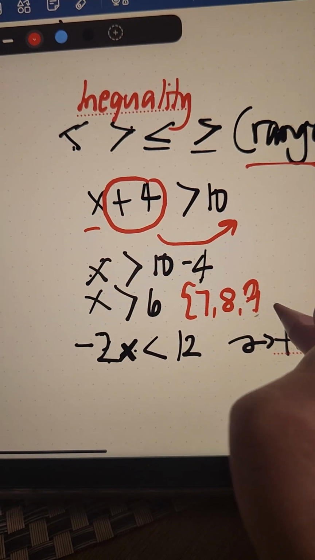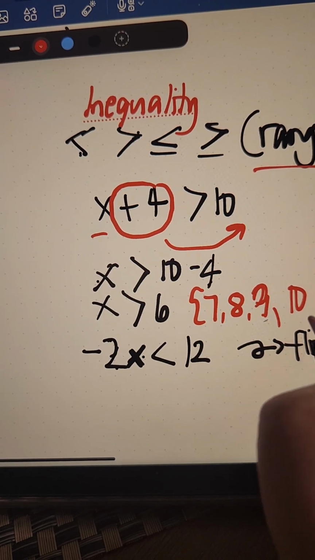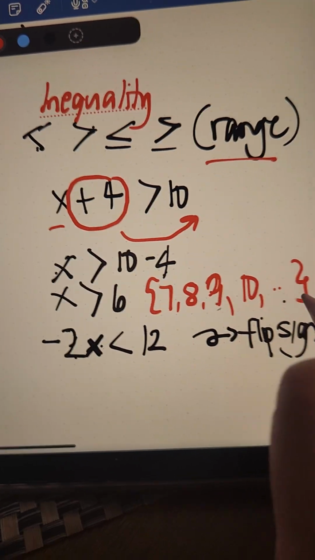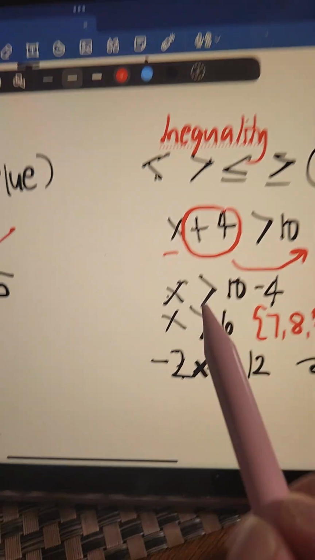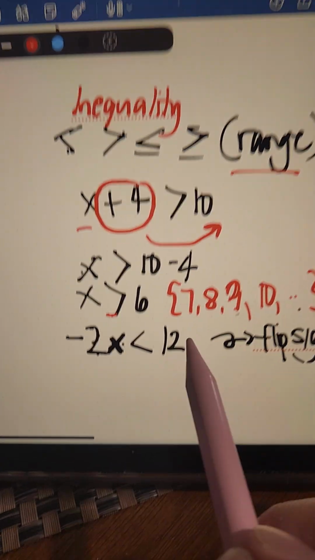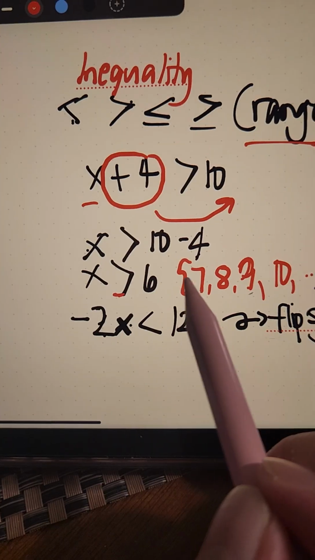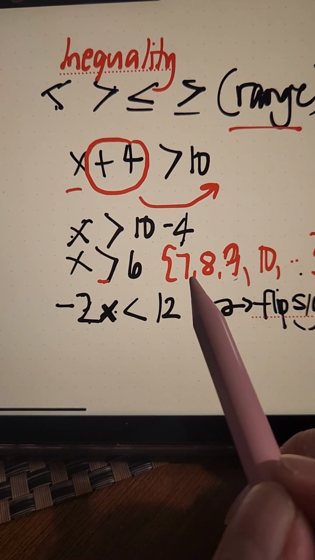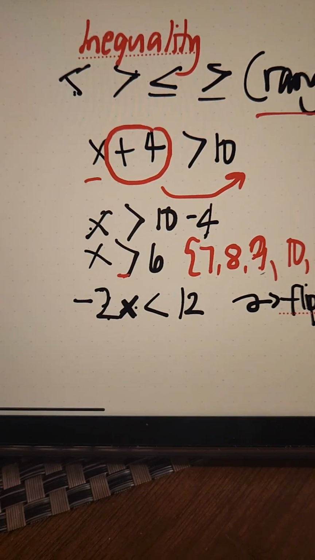It could be 10, and so on and so forth. So notice that with an inequality, because of that symbol, it becomes a range. Your answer is a range, not just one. So x is greater than 6: 7, 8, 9, 10, etc.